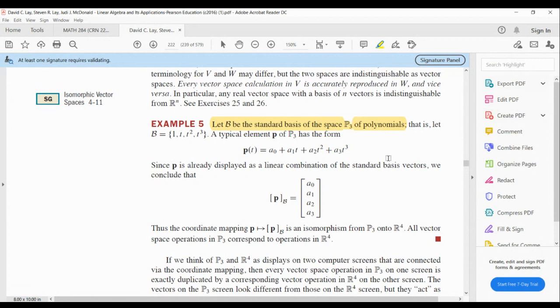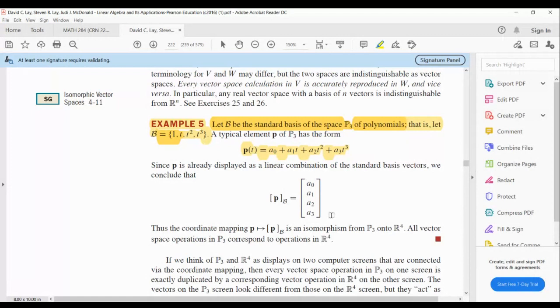That is, let script B equal 1, t, t squared, t cubed. A typical vector in the P3 space would have this form. Any third degree polynomial can be written as a linear combination of the basis vectors 1, t, t squared, and t cubed.